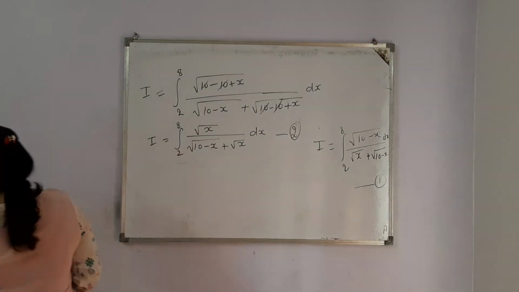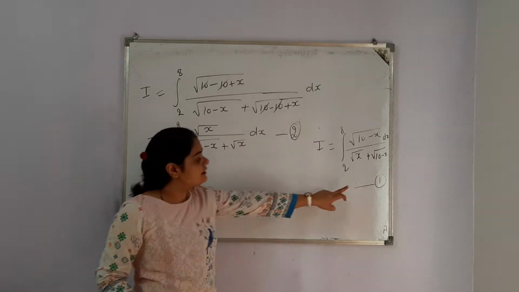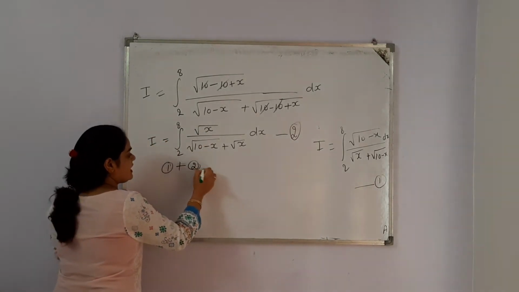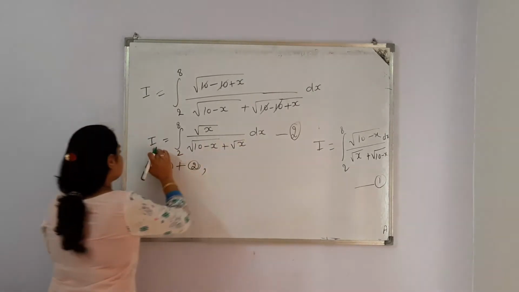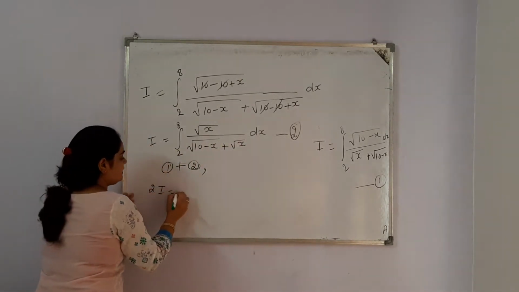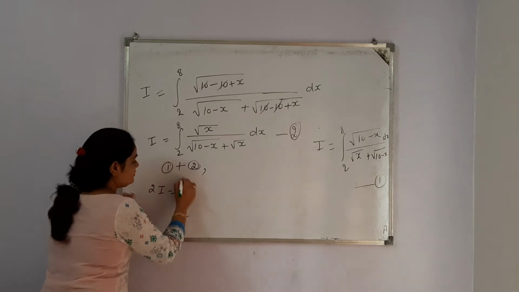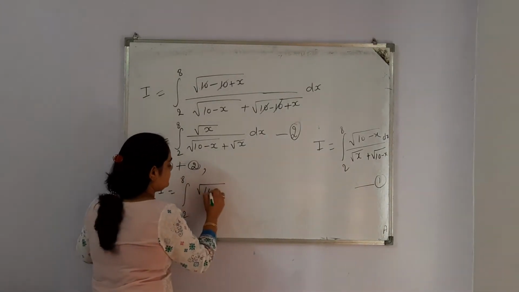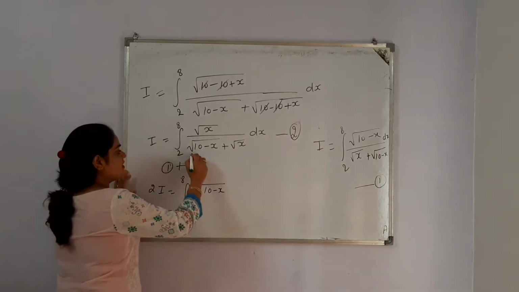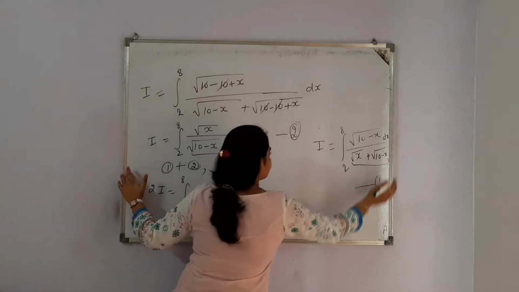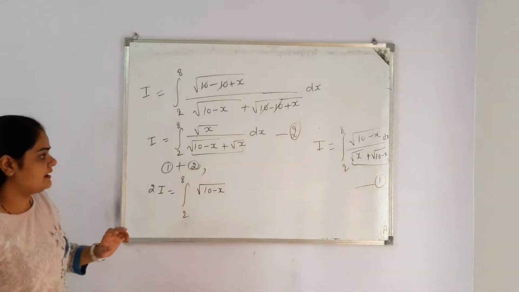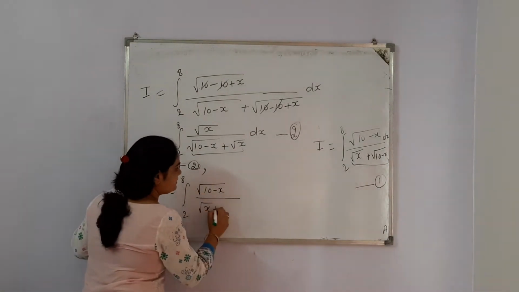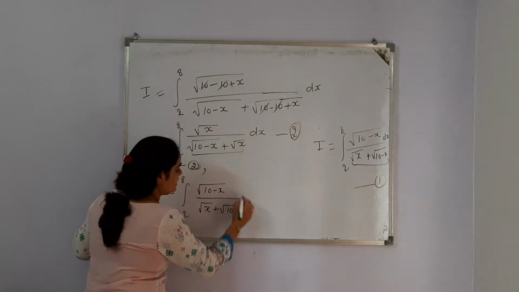Now what we are going to do, we are adding 1 and 2. After adding, I plus I is 2i. Of course, the limits are the same, so 2 to 8. Here, the denominator is the same: under root x plus 10 minus x.